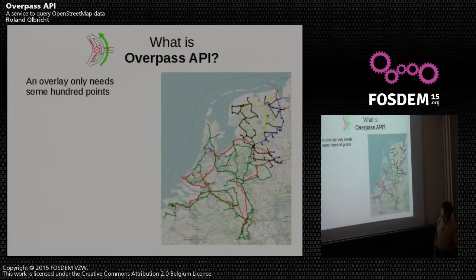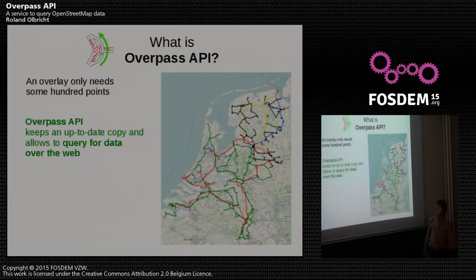So that's where the Overpass API comes in. An overlay only needs some hundred points, like the thing you see here. I've just made a map of all the power distribution lines in the Netherlands, and you only need a few hundred nodes to produce a proper map. You don't want to deal with all the 2.5 billion nodes in this case.